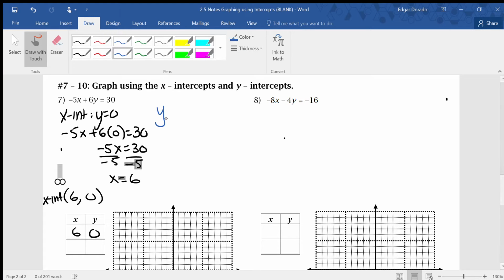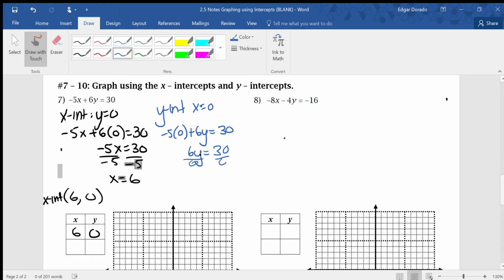So we have y-intercept means that x equals 0. So let's go ahead and substitute that in. So we get negative 5 parentheses 0 plus 6y equals 30. Okay, well, negative 5 times 0 is just 0. We get 6y equals 30.